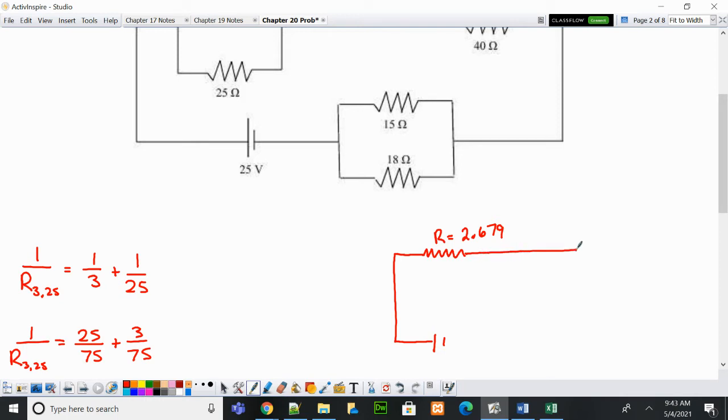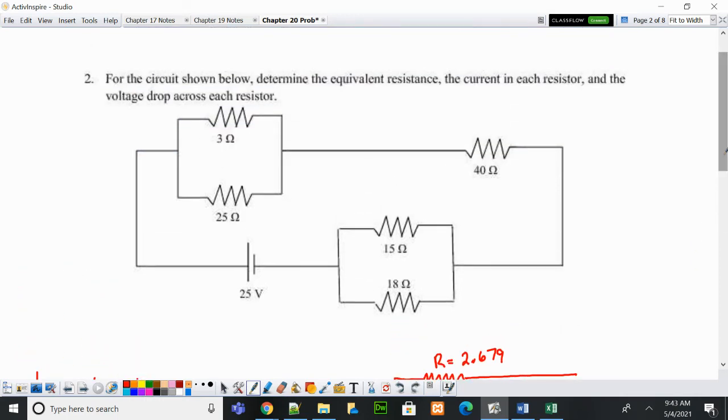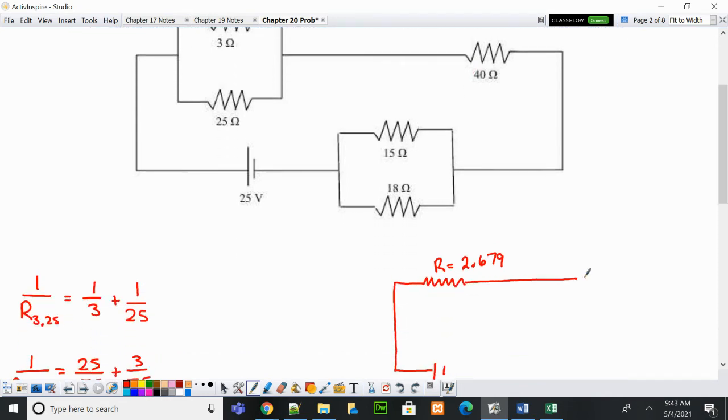Then we go over, and this one is just a plain old resistor, so I'm just going to put that in, 40 ohms. We go down, and now I need to simplify these two that are in parallel. I'll try to do that in this space in between here.